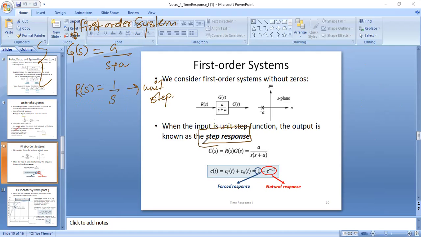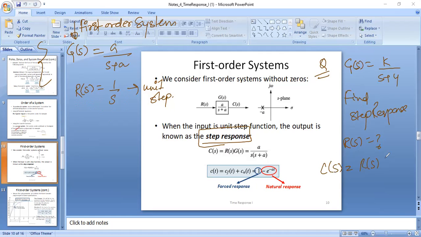And one more thing. Here it is written step response. What does it mean? Suppose in your question, you have been given that g of s is k upon s plus 4, and find the step response. You will say that I don't know what the input is, you haven't given me, because c of s is r of s into g of s.